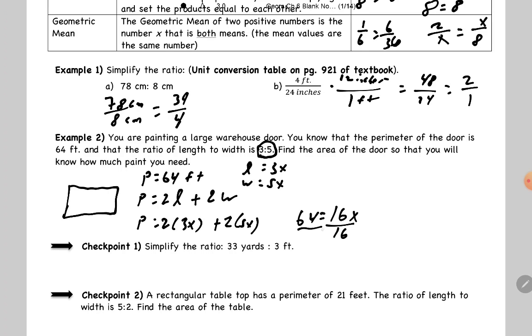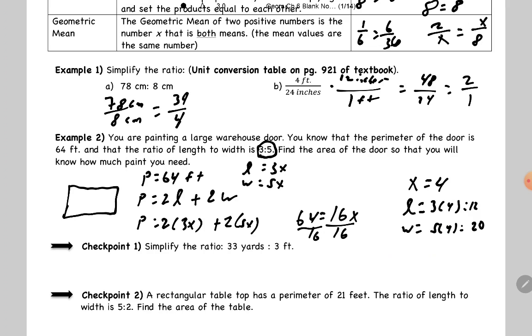Divide both sides by 16, and we'll get x equals 4. So we know what x is now, so the length is 3 times 4, which is 12, and the width is 5 times 4, which is 20.